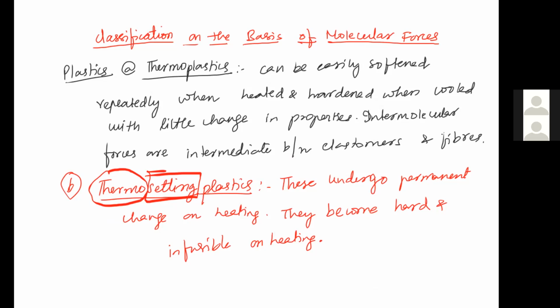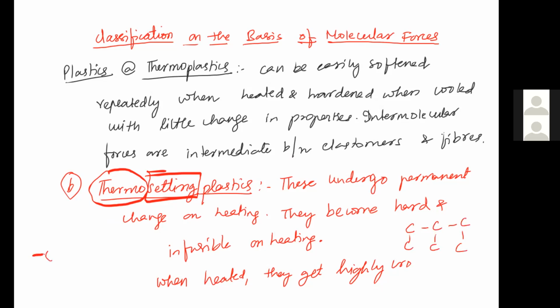So what happens here? When heated, they get highly cross-linked. See, linear polymers are these polymers where you just have a link like this. These are linear.